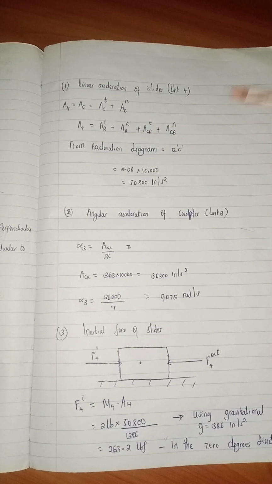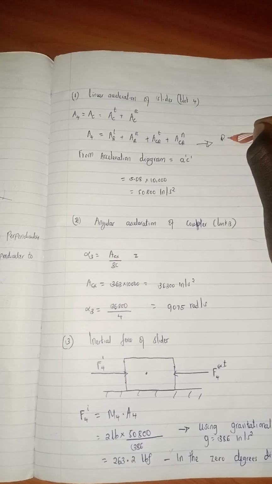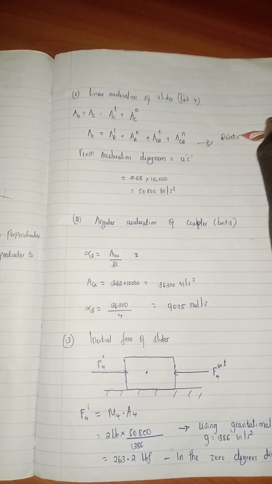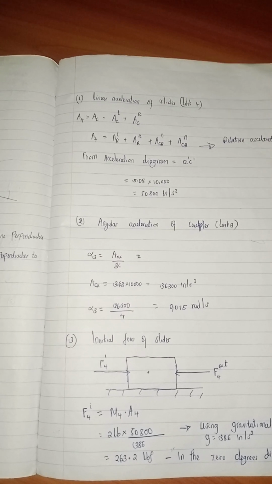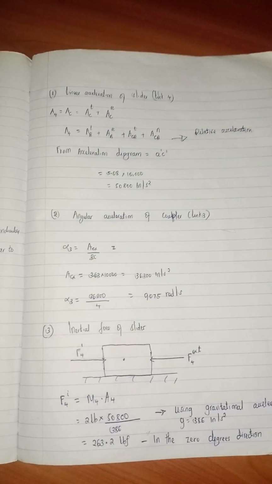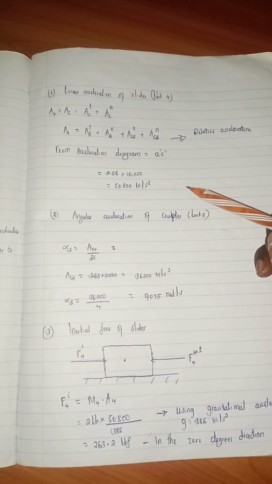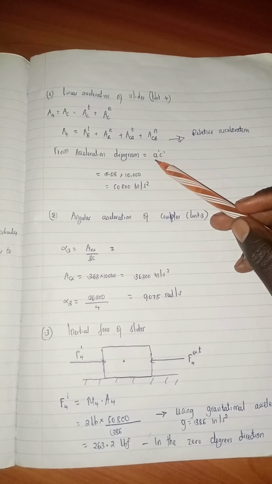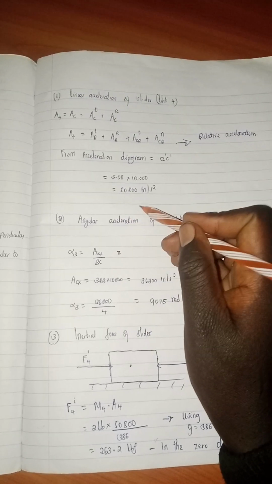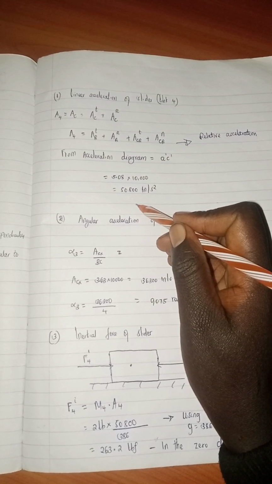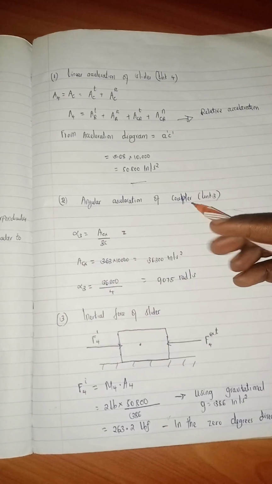This equation is just the relative acceleration equation. But since you're using the graphical method, the linear acceleration of the slider is given by the line A prime C prime, which from the diagram we obtain to be 50,800 inches per second squared. That answers the first part of the question.